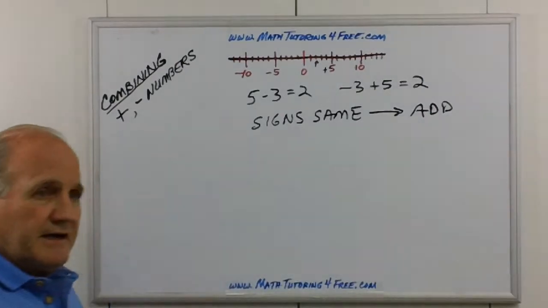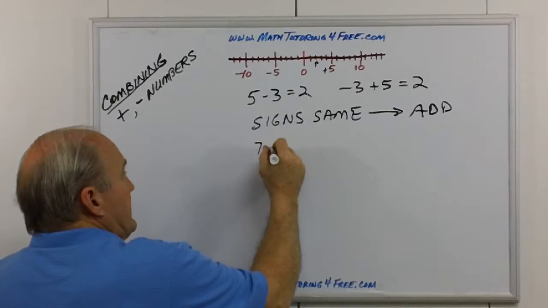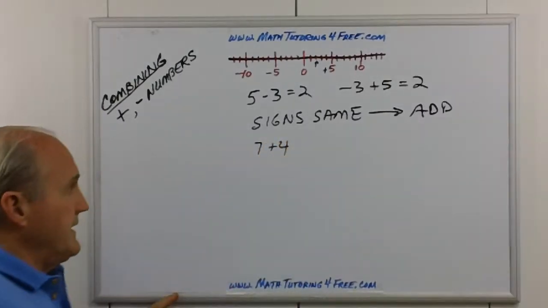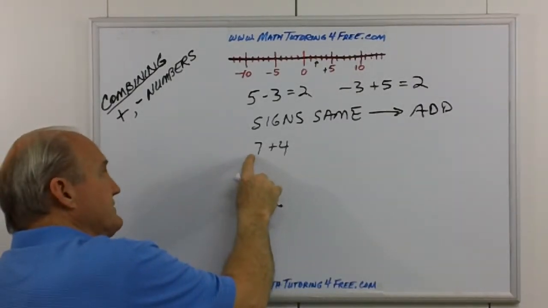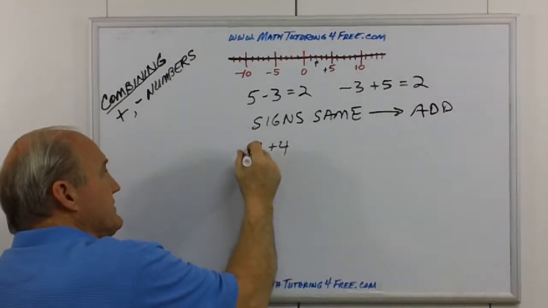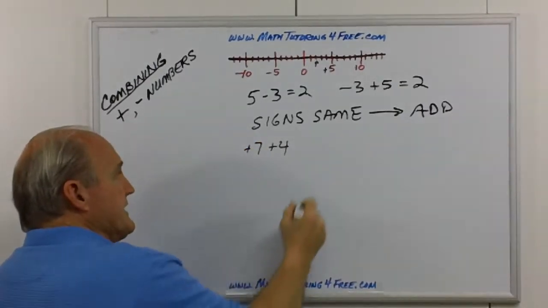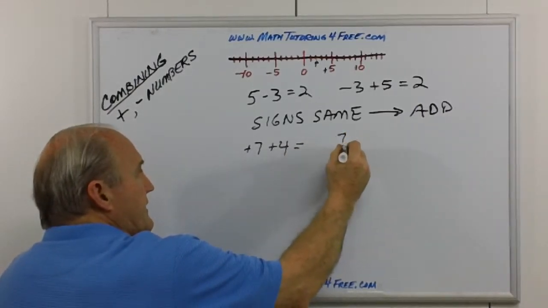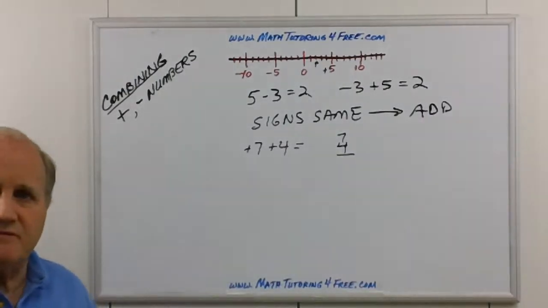Let's take a couple of examples. Let's say 7 and 4. If the signs are the same, again, if there's no symbol, it's understood to be a plus. So here we've got 2 plus signs, so the signs are the same. We said we add. And when we add, we're talking about adding the absolute values.